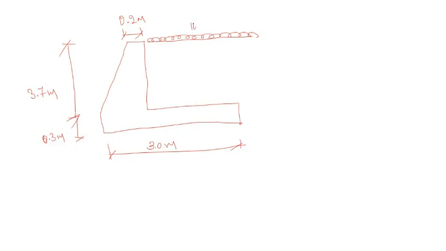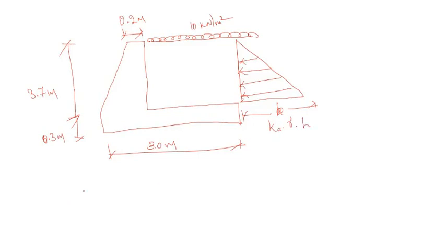It is given as 10 kilonewton per meter square, and also we have earth pressure. It is given by Ka gamma H. Therefore, the next thing is to determine the total active earth pressure.